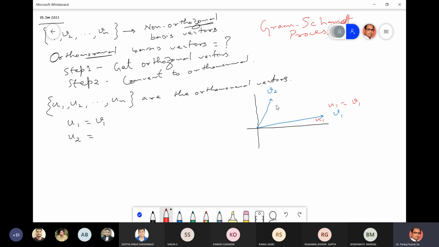So what I'll do here, I'll go for a projection. This is what we have done in the last class. And this projection, if I say this is E and this is P, then E plus P is equal to V2.